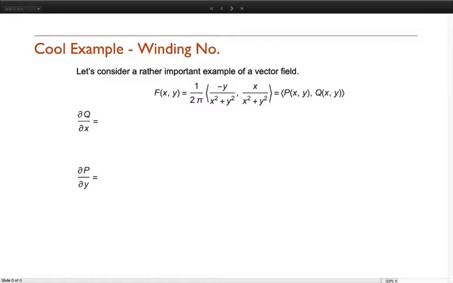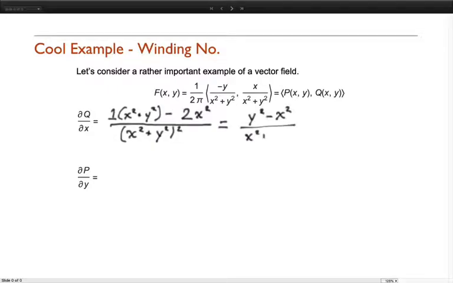For dQ/dx, we differentiate: the derivative of x, which is 1, times the denominator, minus x times the derivative of the denominator, which is 2x, all over (x squared plus y squared) squared. If we neaten that up, we just get the difference, y squared minus x squared, in the numerator, and basically r to the 4th in the bottom.